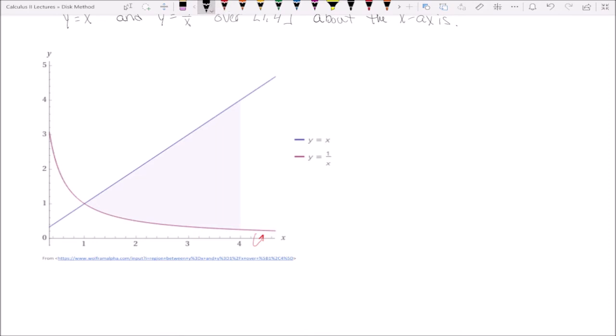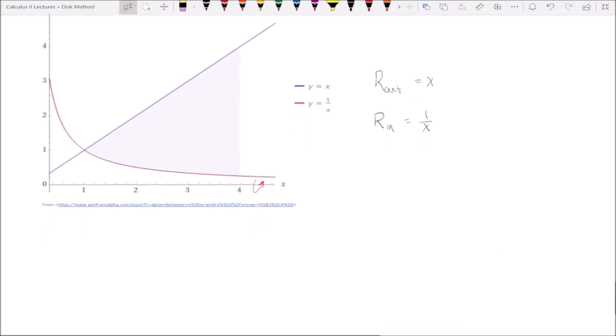Well, in this case, we can easily see that our outer radius is x. Our inner radius is 1 over x. So volume would be pi times the integral from 1 to 4 of x squared minus 1 over x squared dx.